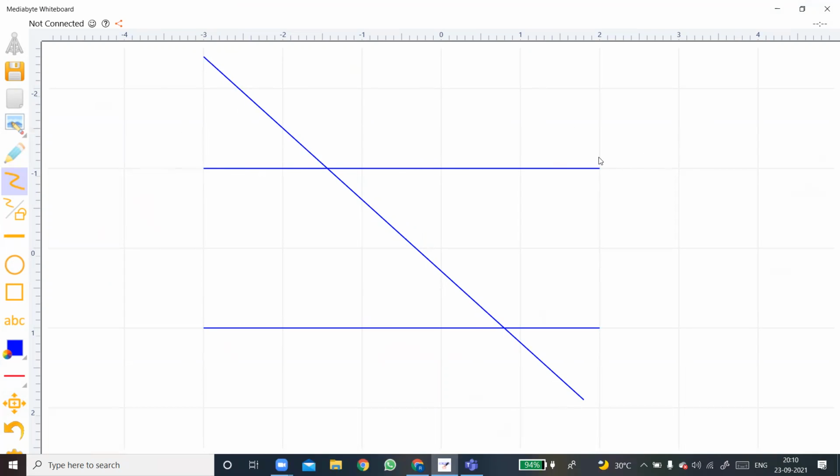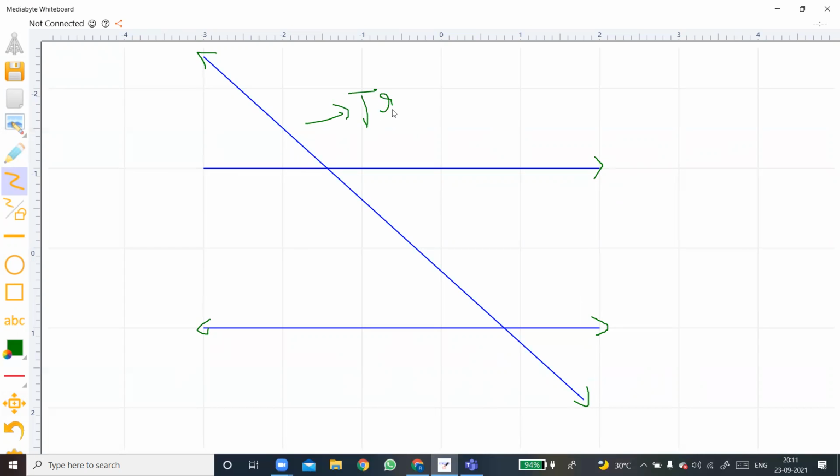Let me change the color. As I said, this is a transversal.